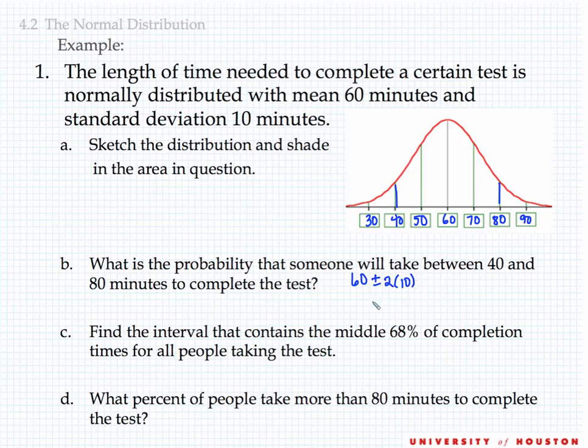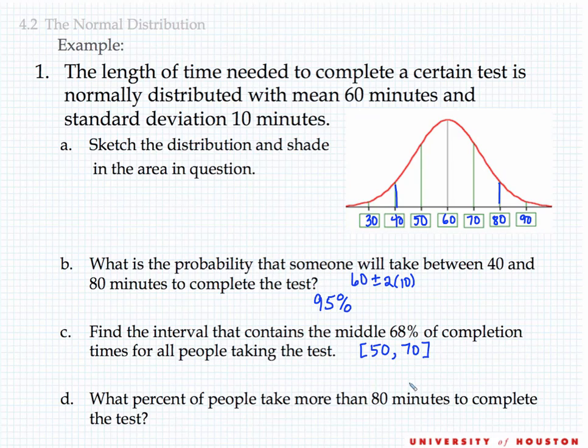According to the empirical rule, that would encompass 95%. The interval that contains the middle 68% of completion times would be within 1 standard deviation of the mean. So we would go from 50 to 70.